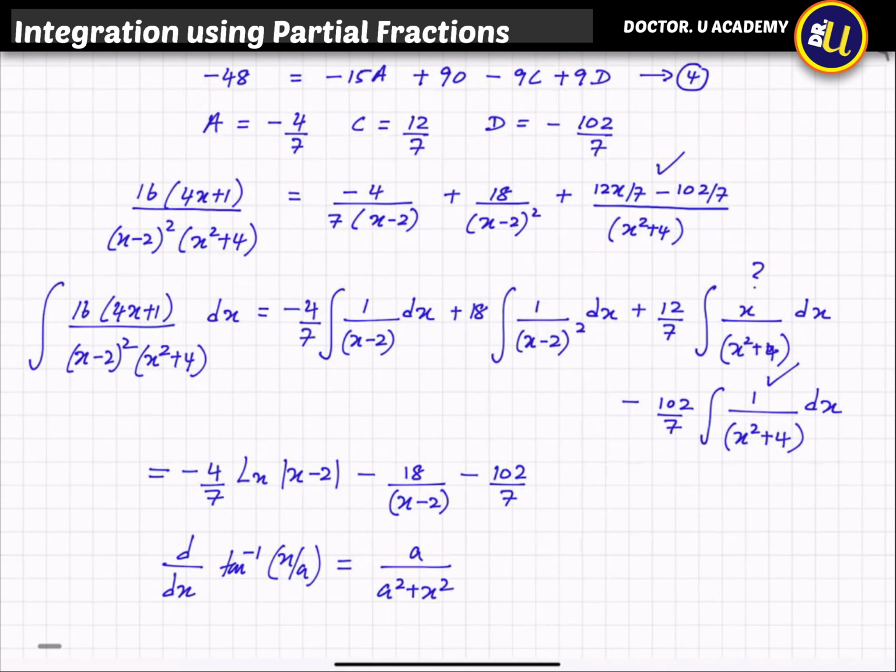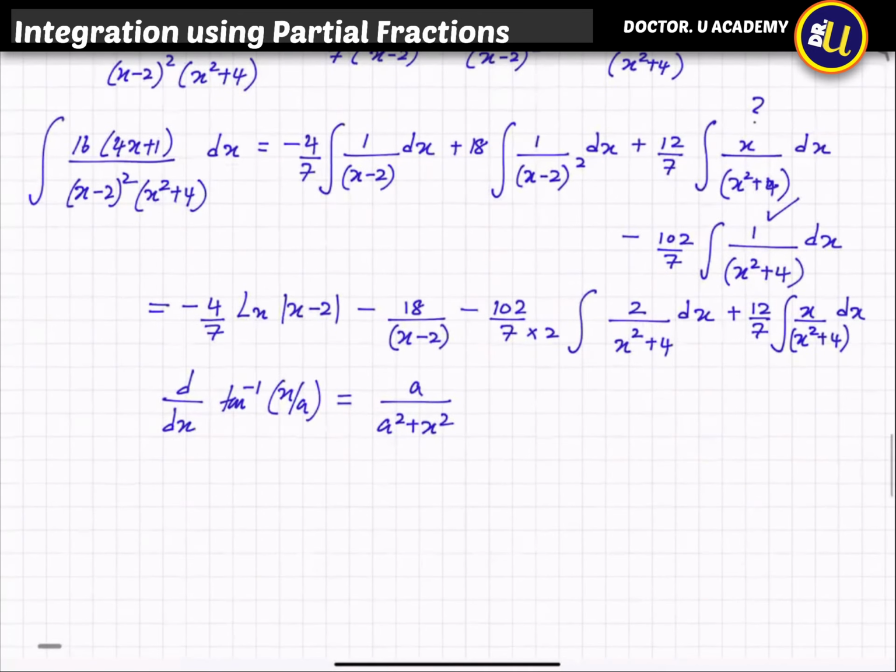I am going to put 2 on top, and then divide by it here, and then I will write integration 2 divided by x squared plus 4 dx, and then I will keep the other term, which is x divided by x squared plus 4 dx.